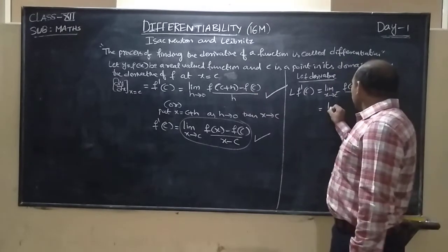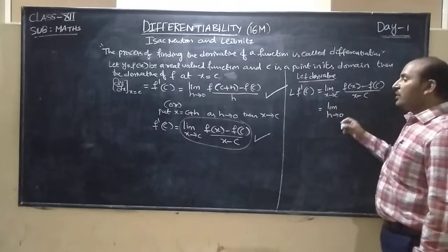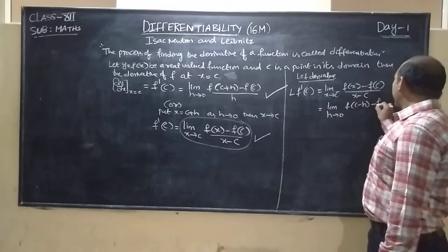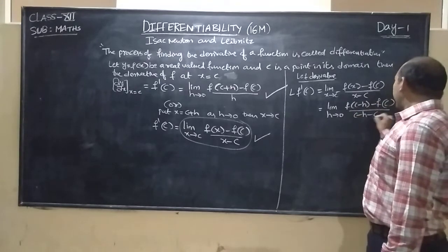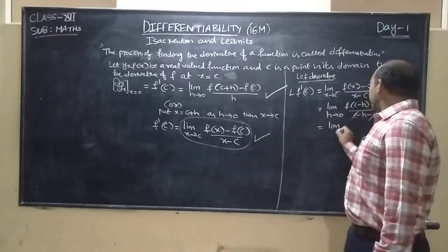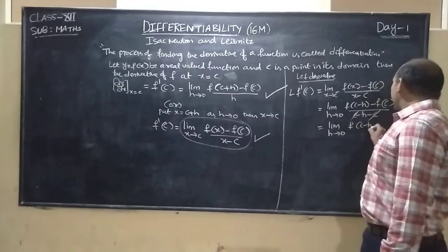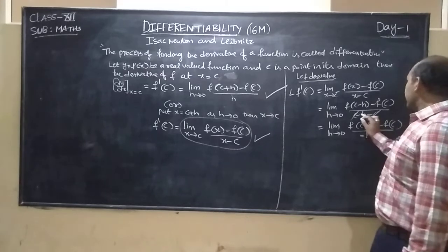So limit h tends to 0, put x is equal to c minus h: f of c minus h minus f of c divided by c minus h minus c, where c minus c cancel. You can write it as limit h tends to 0, f of c minus h minus f of c upon minus h.